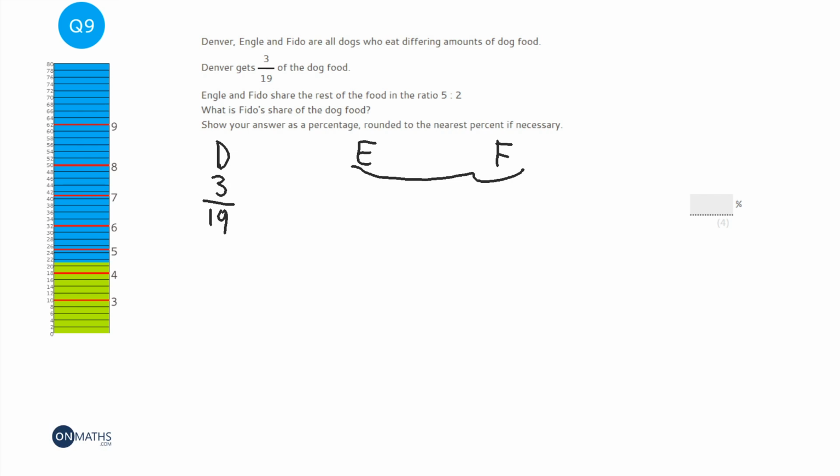Well, we've got a calculator, so we could just do 1 take away 3/19 on the calculator, but we know that that's going to be 16/19. So we can kind of ignore Denver now because we used Denver's amount, or fraction of the food, to work out Engels and Fido's combined. So that's how much food they'll get, but they're sharing it in the ratio of 5:2.